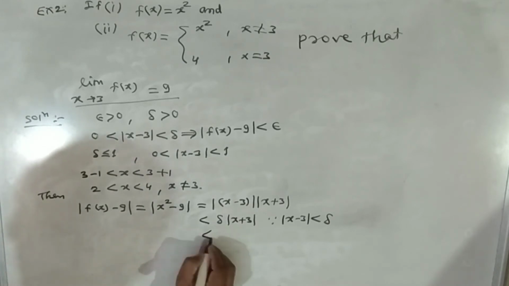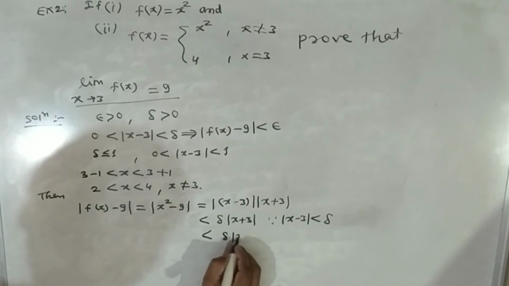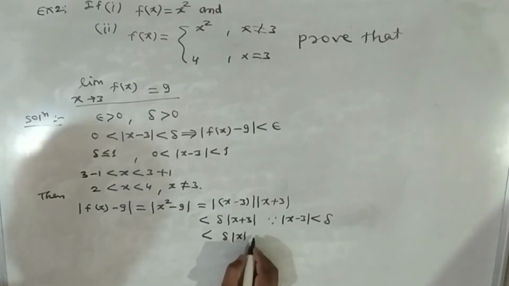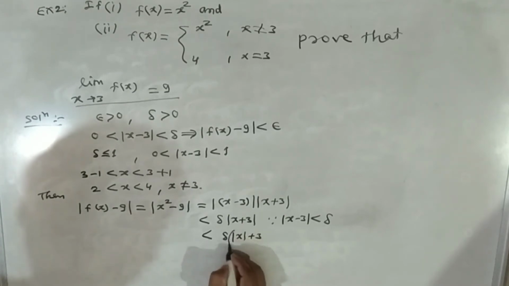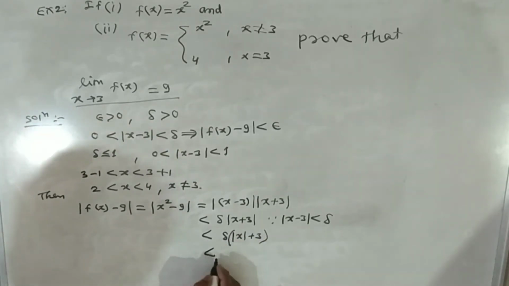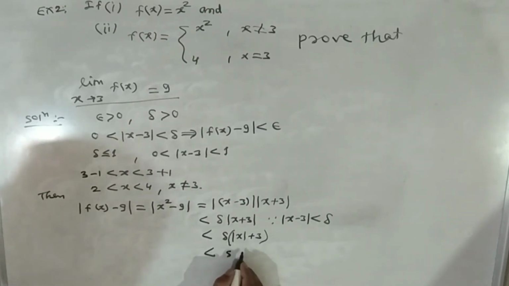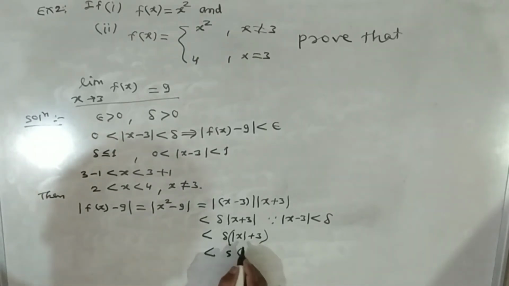Therefore this is strictly less than delta times mod x plus 3, and again this is strictly less than delta in brackets.